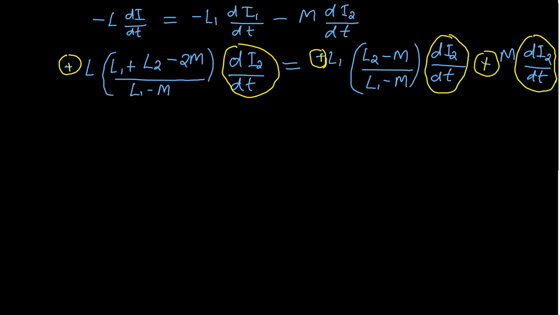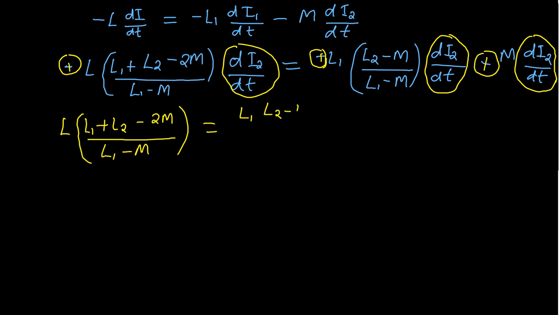So L into (L1 plus L2 minus 2m) divided by (L1 minus m) equal to L1 into (L2 minus m) divided by (L1 minus m) plus m, and we take LCM on RHS.